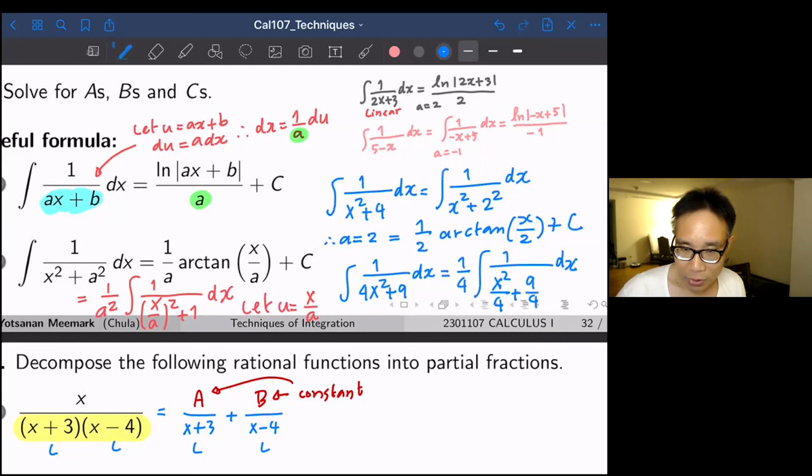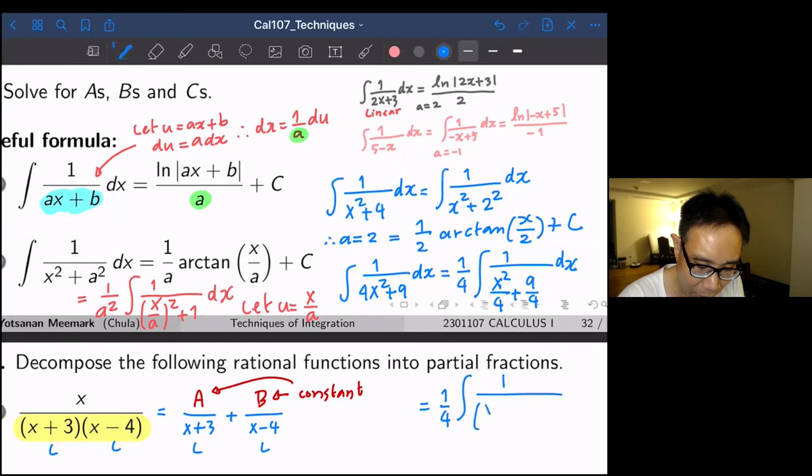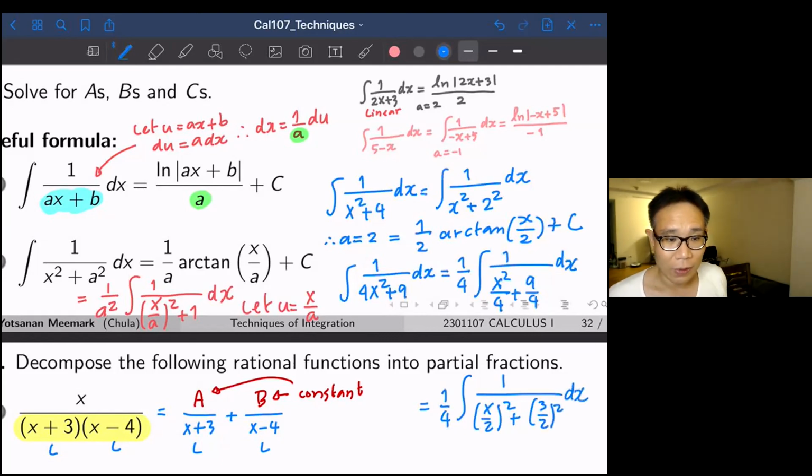You will not be able to use the formula right away, so you need to use the substitution. Here it's going to be 1/4, and you would let u be x over 2, so it's going to be 1 over (x over 2) squared plus (3 over 2) squared, dx. Okay, so this is how we deal with this one.